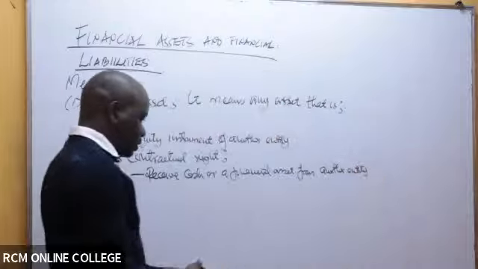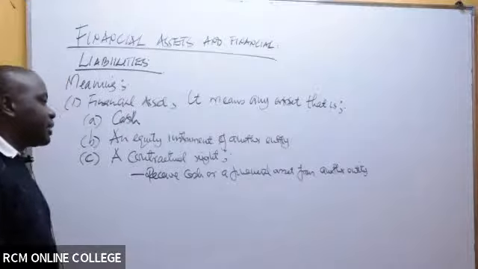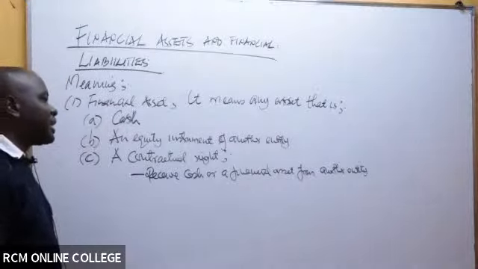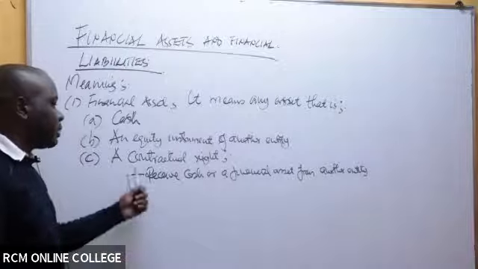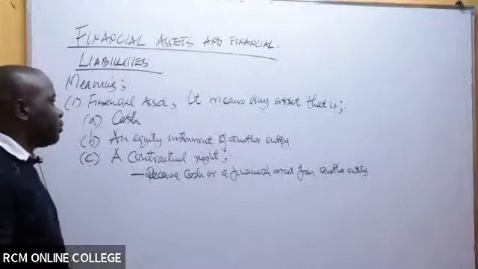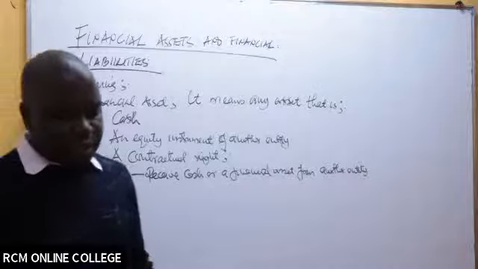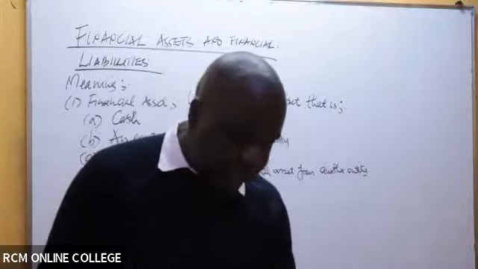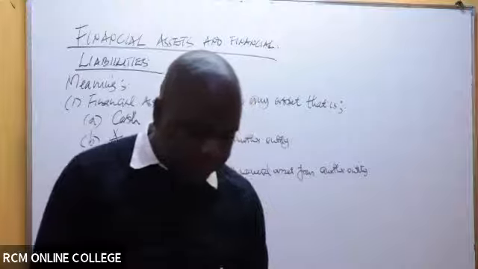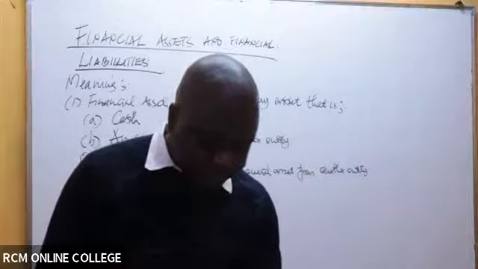Then this particular contract will give rise to what we're calling a financial asset. So we can conclude that it is an expected future inflow regarding a financial asset.